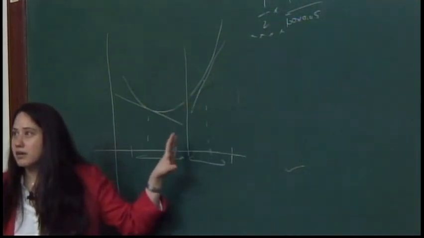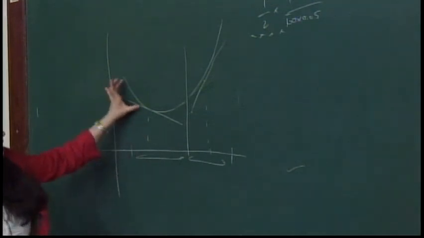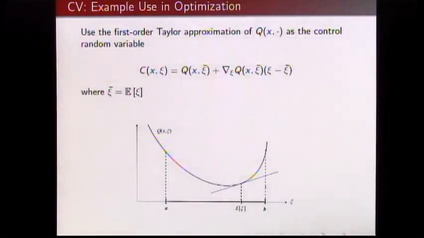If I increase my partitions and use a bunch of these control variates, they follow the convex function very closely, especially in regions where it's flatter. So it starts, let's say, with 20 times variance reduction, and it goes to 1,000 times variance reduction as you partition.